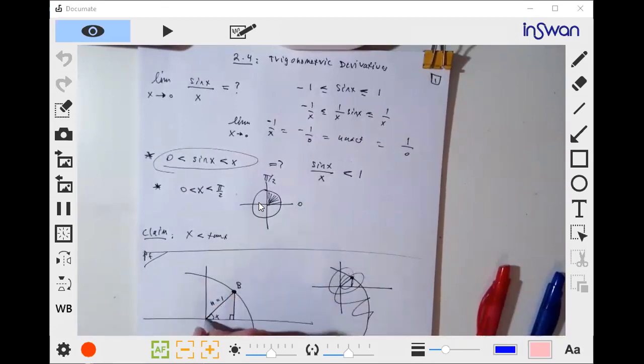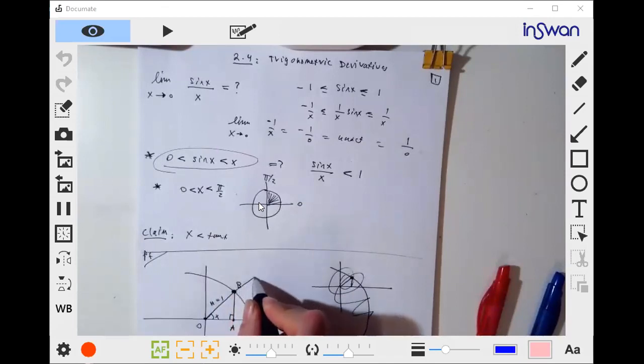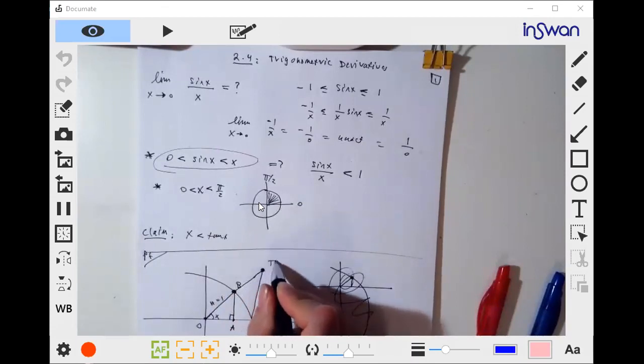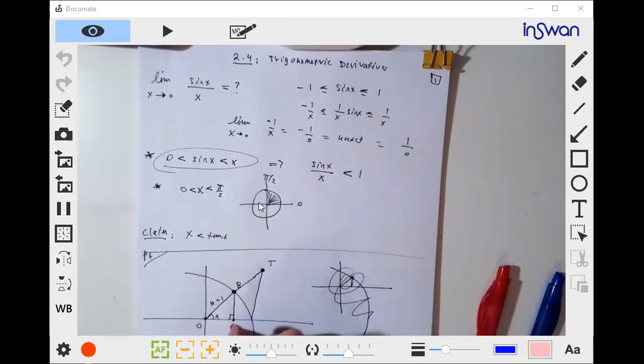Let's label this point O for origin, this point B, and this point A. If we extend this line like so, and have it meet up with this line right here, we reach some point T for tangent. Notice that this ends up equaling tangent of x. Why is that?